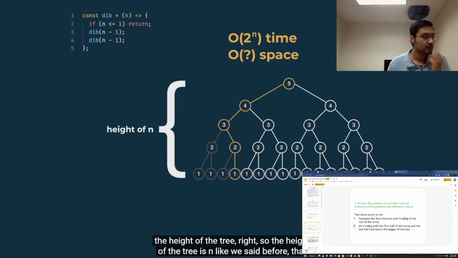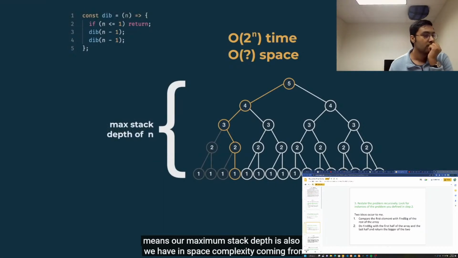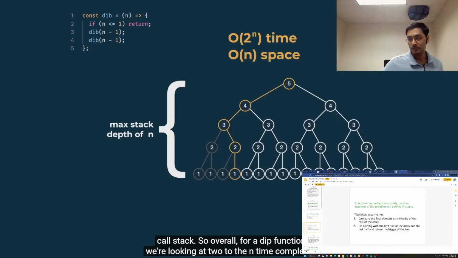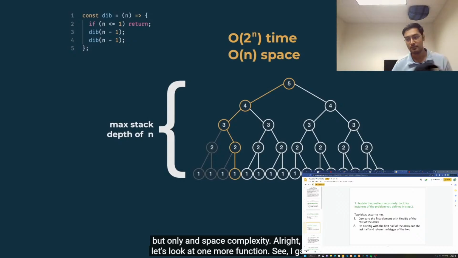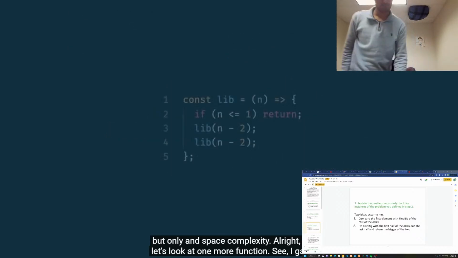So the height of the tree is n, like we said before. That means our maximal stack depth is also n. So we have n space complexity coming from the call stack. So overall, for our dibb function, we're looking at a 2 to the n time complexity, but only an n space complexity. All right, so let's look at one more function.